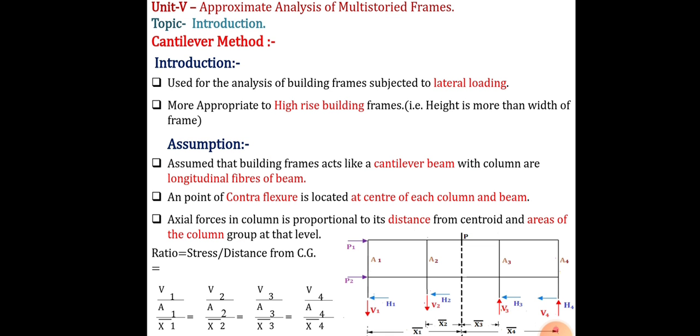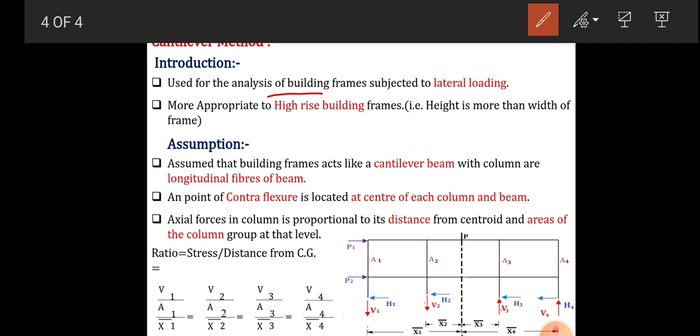Now next is the cantilever method. It is used for analysis of a building frame subjected to lateral loading, and it is more appropriate for high rise building frames, where the height is more than the width of the frame. The assumption is that the building frame acts like a cantilever beam.